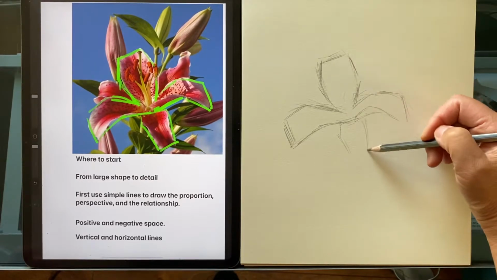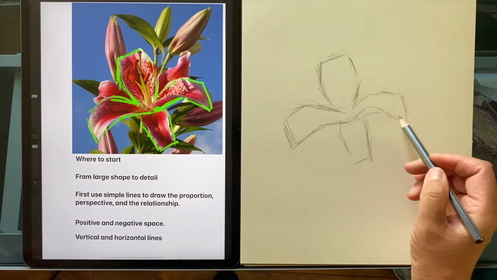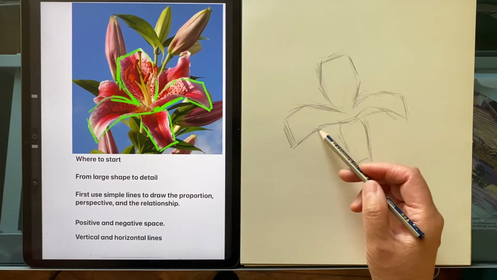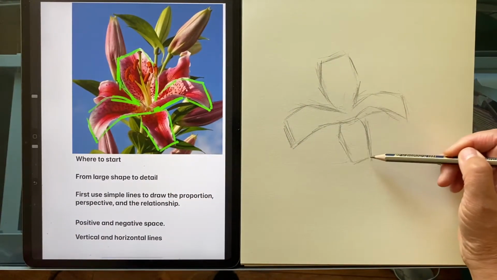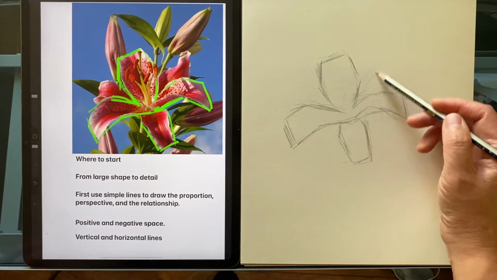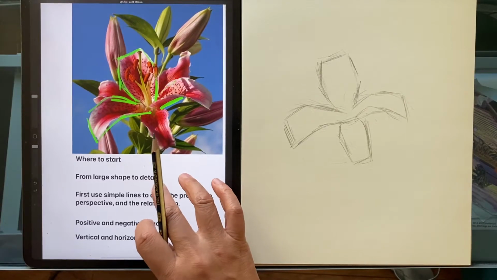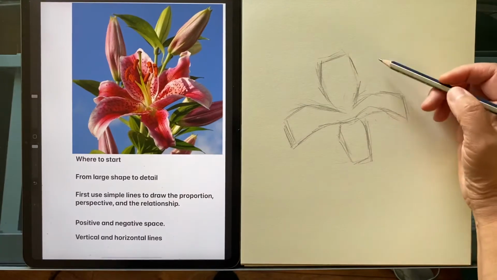This goes this way, about that long. Looking at those shapes too, not only this positive shape. I'm looking at all the negative space too. You got the foremost important part.